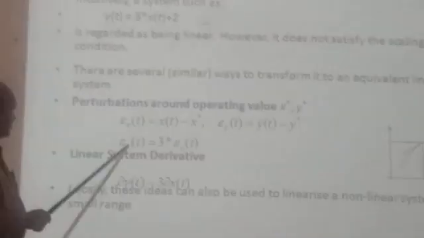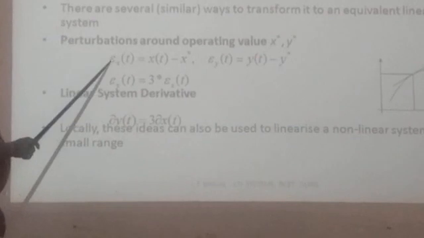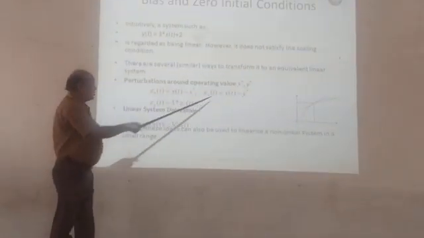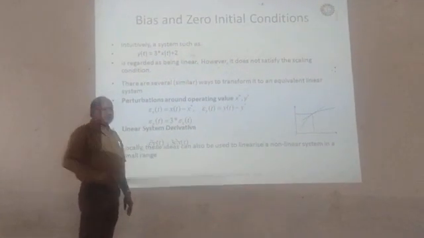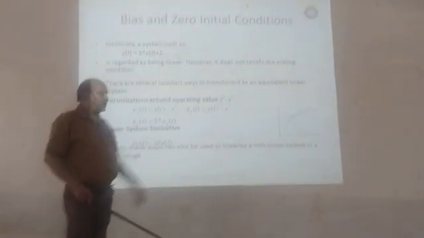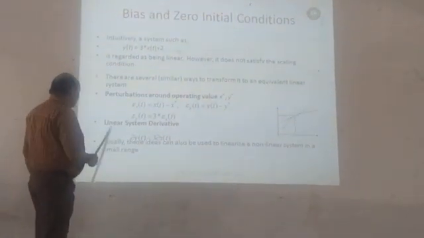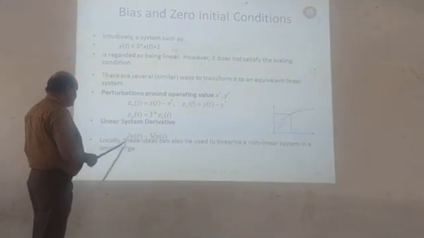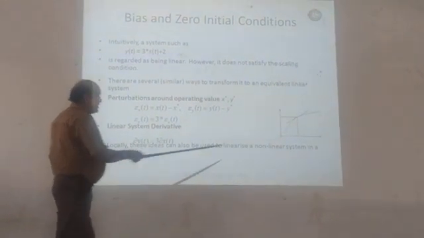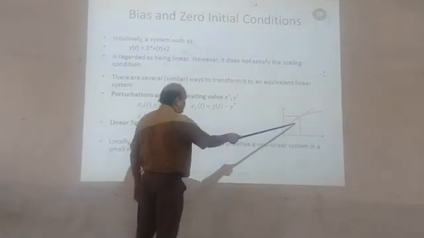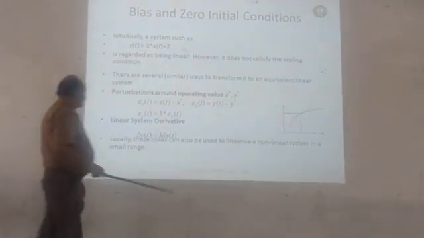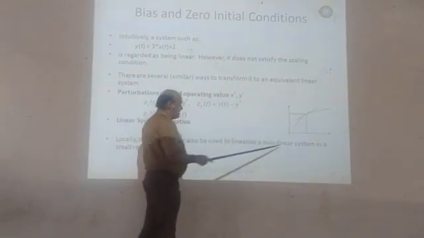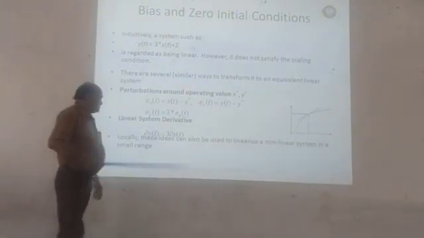These perturbations are given as epsilon x(t), epsilon y(t), and using these perturbations, deviations, we can calculate the values. Similarly, for the linear system the derivatives dy(t) = 3 dx(t) are linear derivatives, and this graph can be shown with these perturbations. Locally, these ideas can also be used to linearize a non-linear system in a small range.